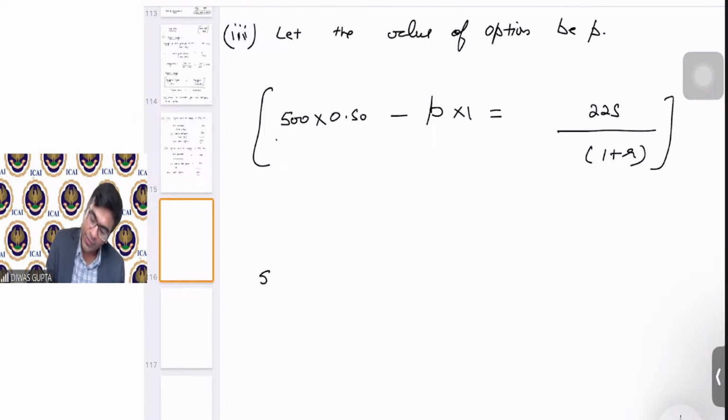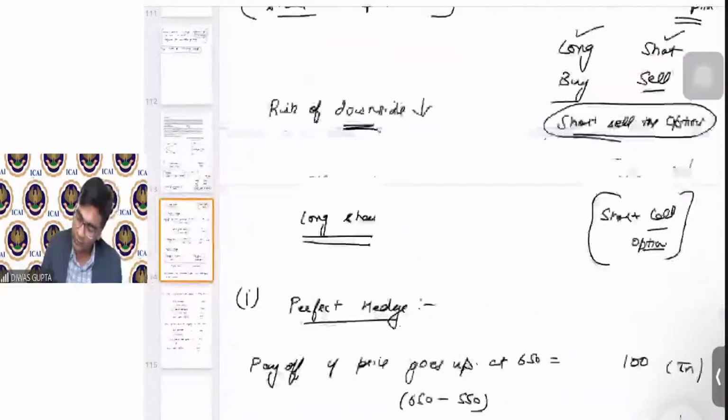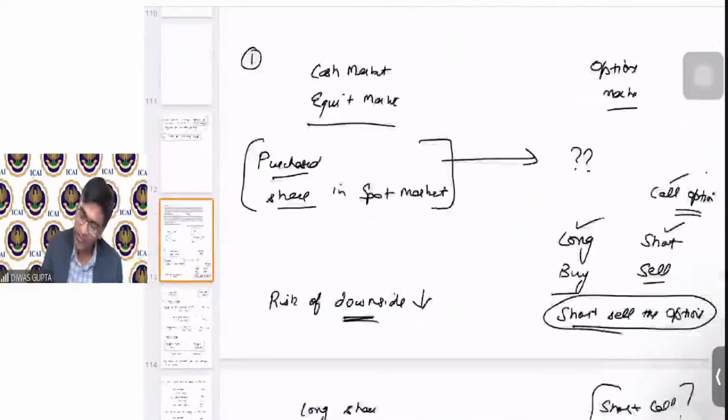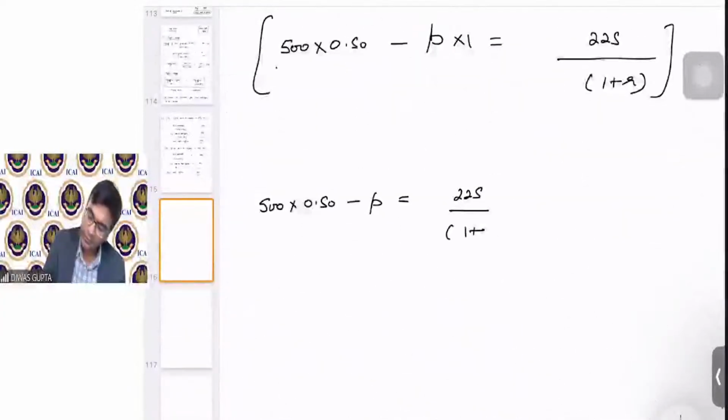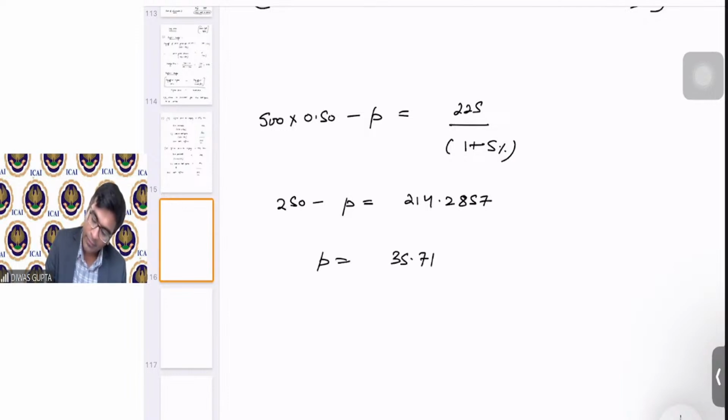So 500 into 0.50 minus P is equal to 225 divided by 1 plus the rate, which was 5%. If we solve this, we get 250 minus P is equal to 214.2857, and hence P becomes 35.71.